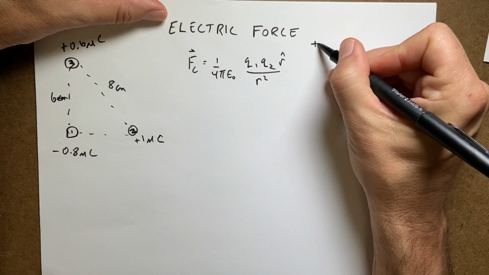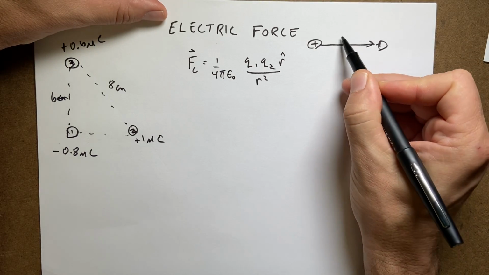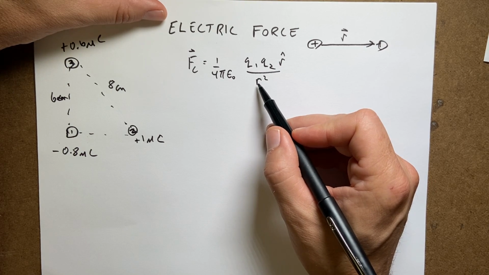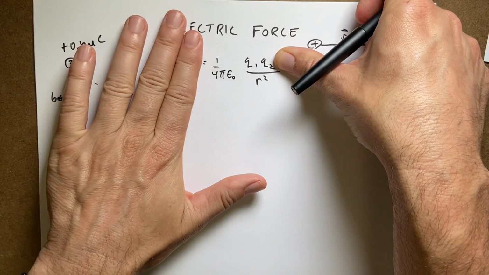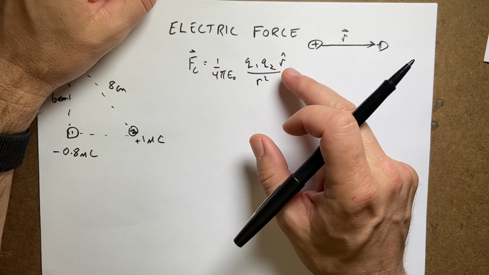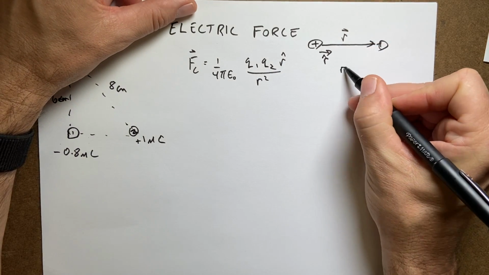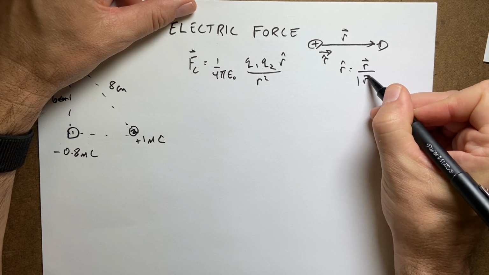So as an example, here's two positive charges. This vector would be r. But if I want to square that distance, I can't square a vector, so you actually have to find the magnitude. If I take that away, that whole thing is a scalar quantity, and I can't get a vector quantity unless I multiply by a vector. That's where this r hat comes into play, where r hat is the vector r divided by the magnitude of the vector r.